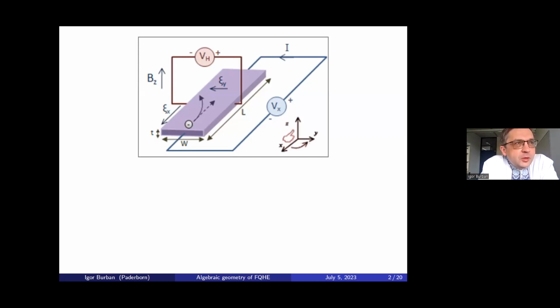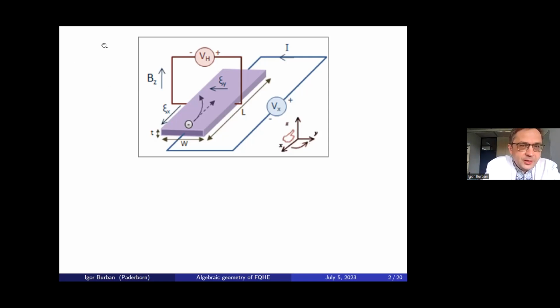So the oversimplified picture of the quantum Hall effect is the following. Here you see a two-dimensional sample which is conducting, and we have a current going, let's say, from south to the north. It is important that the sample is basically two-dimensional. Now, assume that the sample is put into a magnetic field, which is perpendicular to the sample.